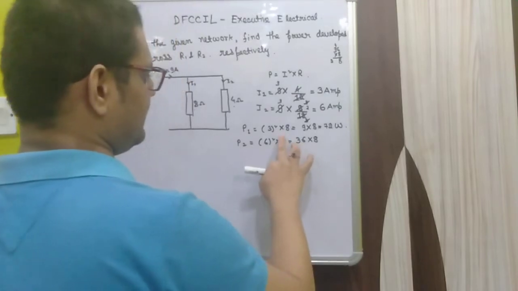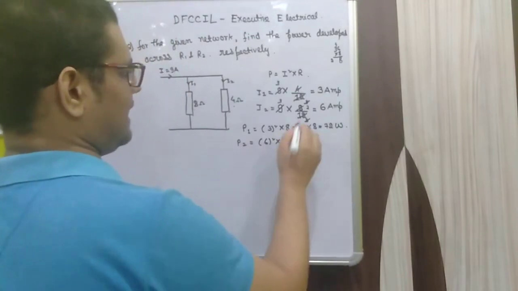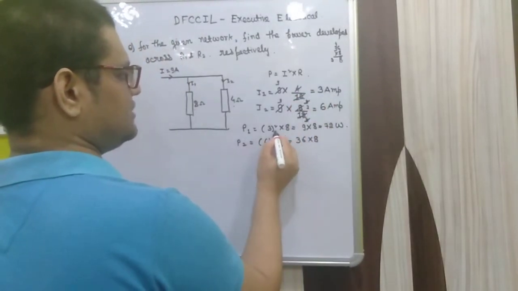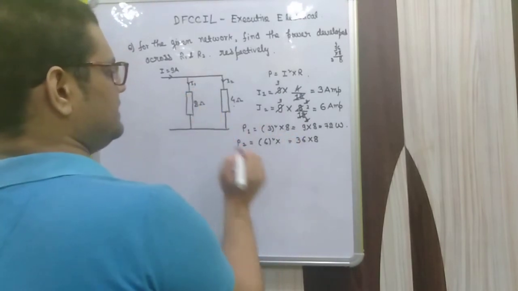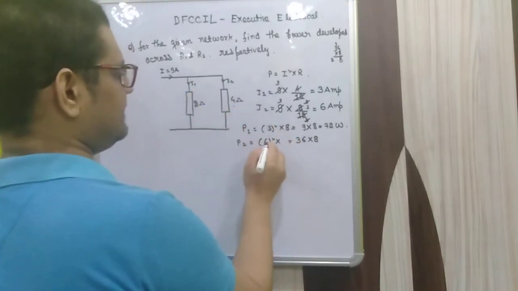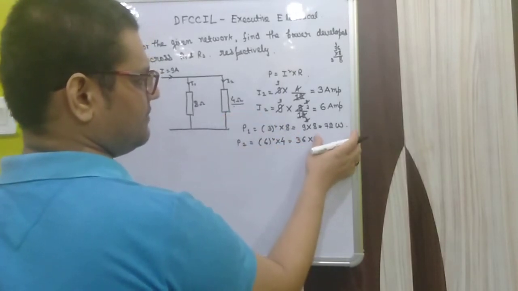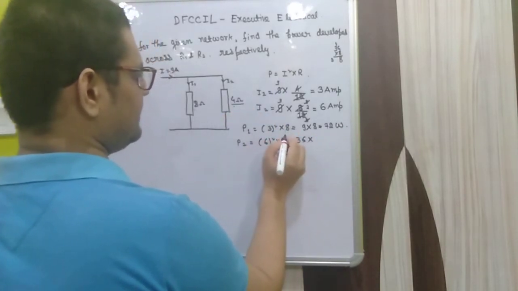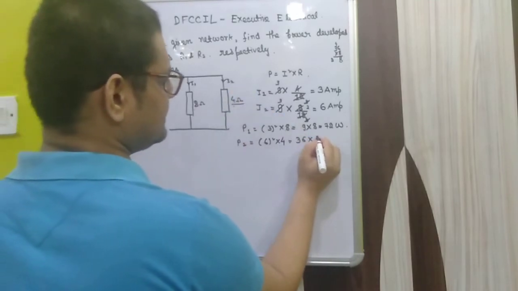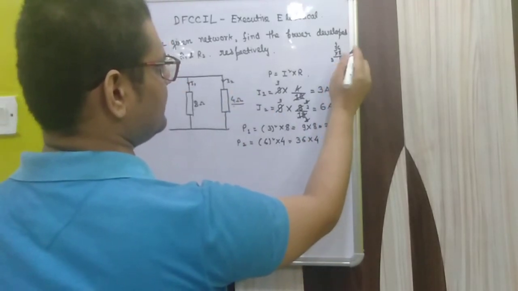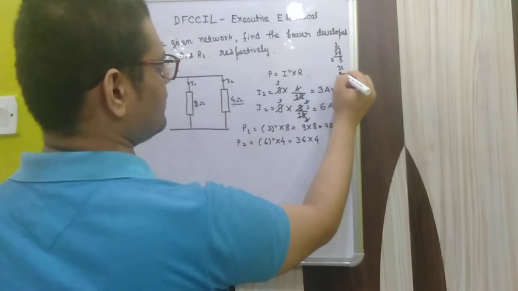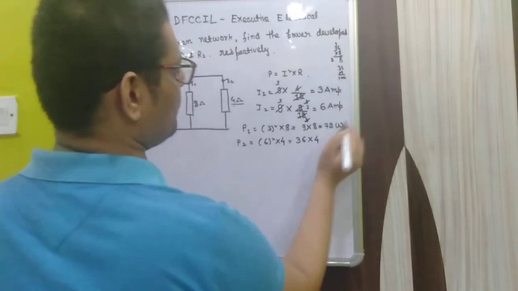Okay, I'm sorry, I made a mistake over here. This is I square into R. This is 3 square into 8, that is the 8 ohm resistance, and this will be 6 square into R, that is the 4 ohm resistance, into 4. I am sorry, I made a mistake over there. This will be R2, that is the 4 ohm resistance. If we multiply this 36 into 4, it comes to 144 watt.